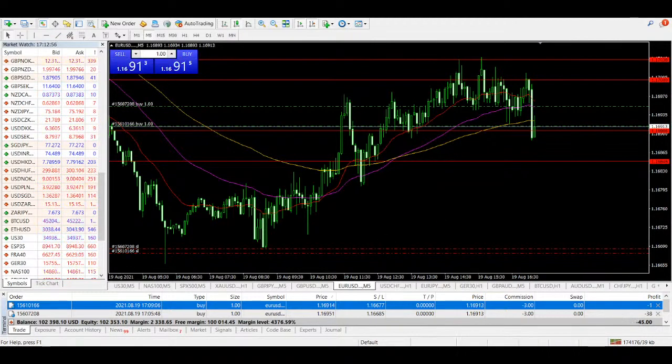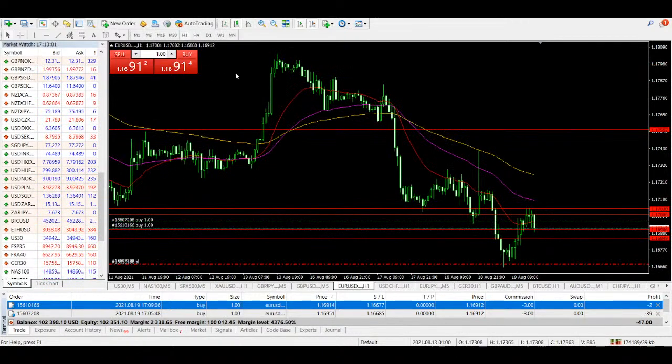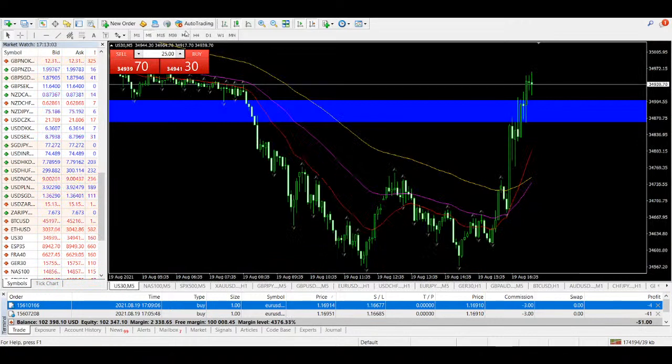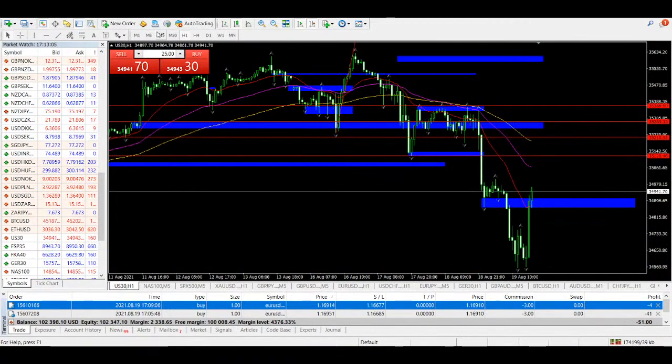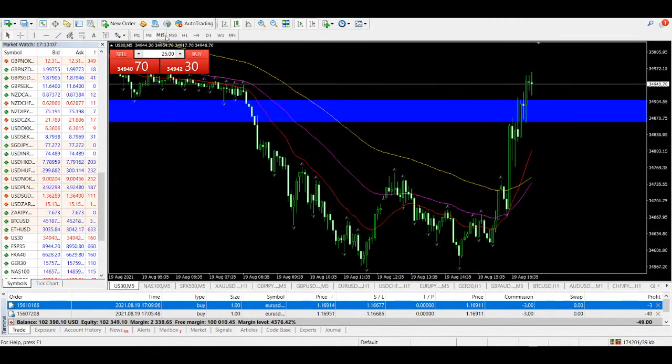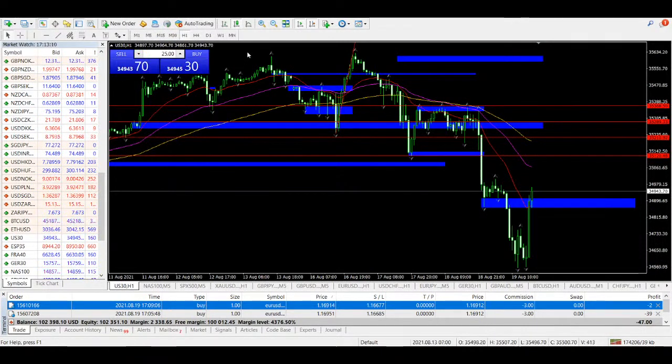I'm trying to fade scalp it, but it's really not moving much, is it? I'm watching the Dow too, because I want to see if there is going to be any pullback on it.